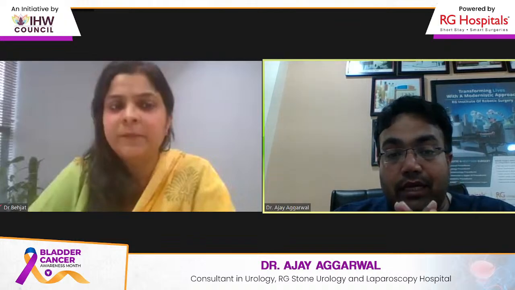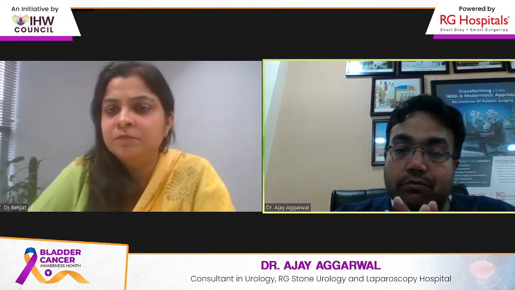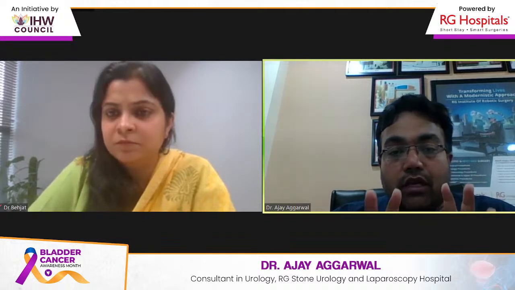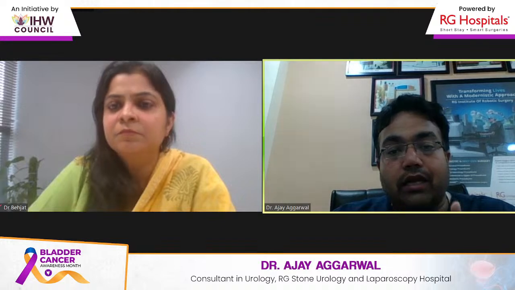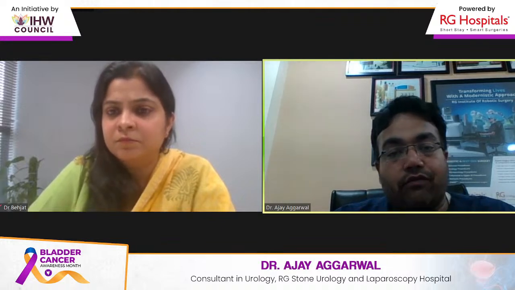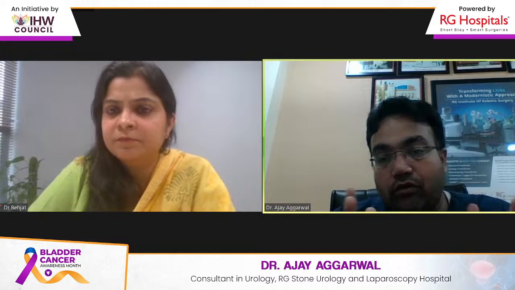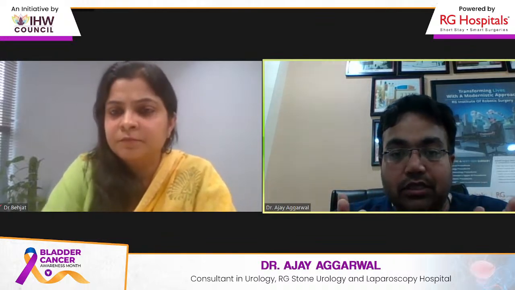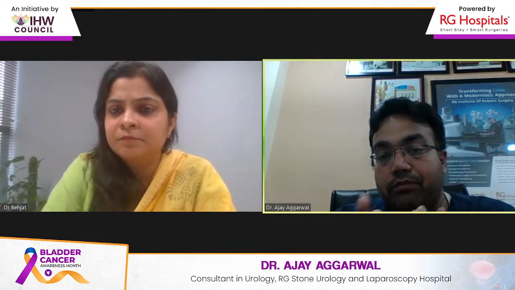And in some metastatic cases, in which the malignancy has spread all over the body, we can give chemotherapy or immunotherapy and do a salvage nephrectomy so that the patient can be relieved of symptoms. These are all the options, but all options have to be considered after the patient's performance status and conditions.